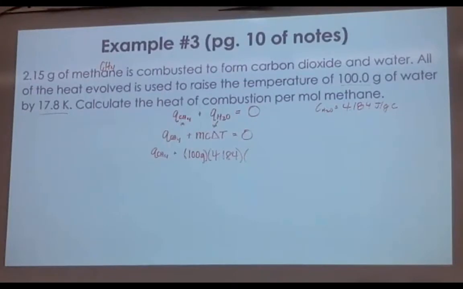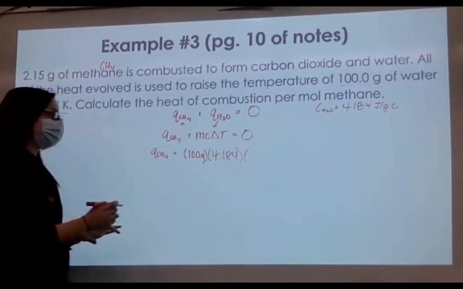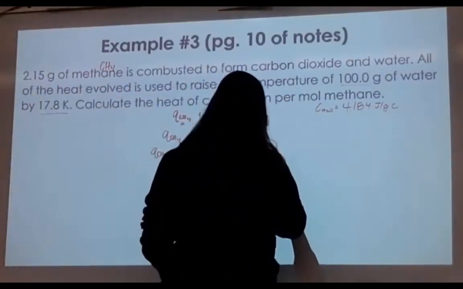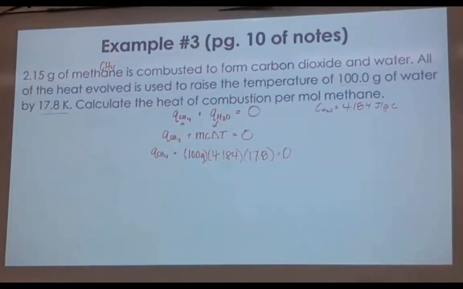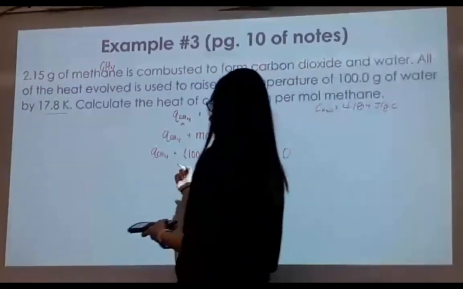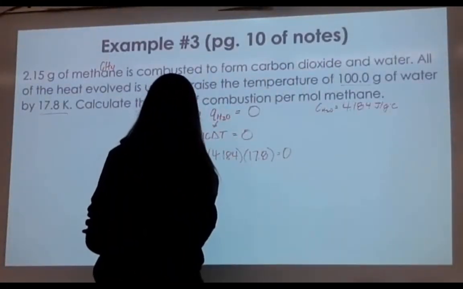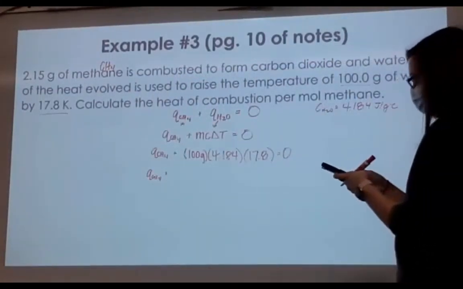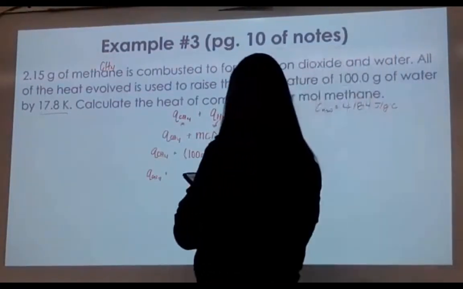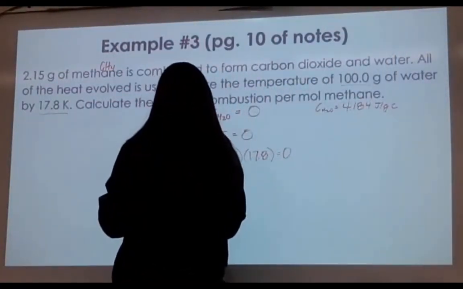Now the delta T, they actually gave us the delta T here, because it says that we're raising the temperature by 17.8 Kelvin. That is the delta T. So, again, I'm leaving Q of CH4 alone. 100 times 4.184 times 17.8, 7447.52.